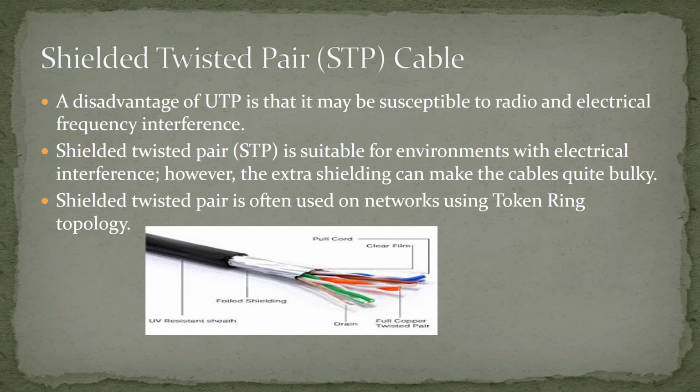Another disadvantage of this cable is that the extra shielding could make it more bulky. The shielded twisted pair cable is used on networks which use the token ring topology. We are going to study about the topologies in later topics.